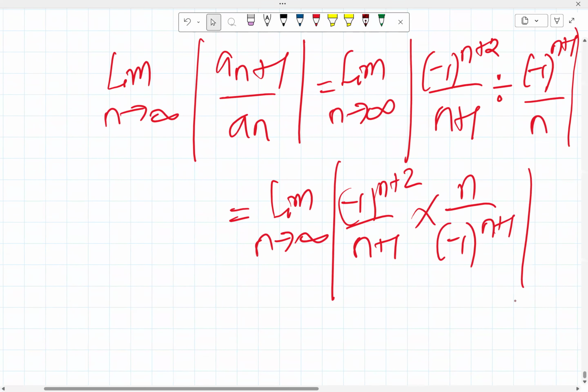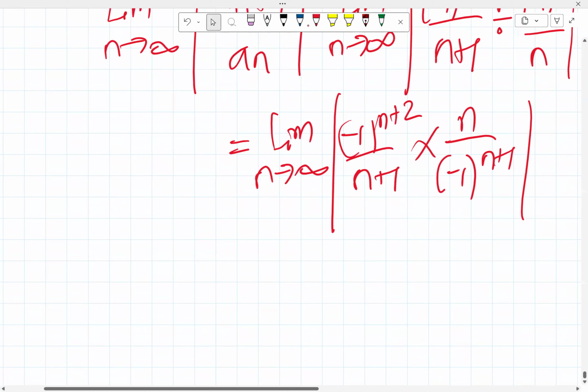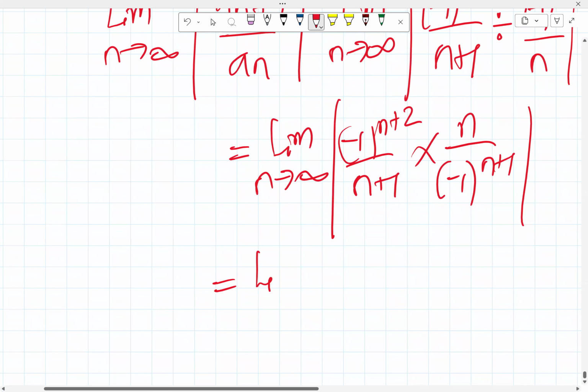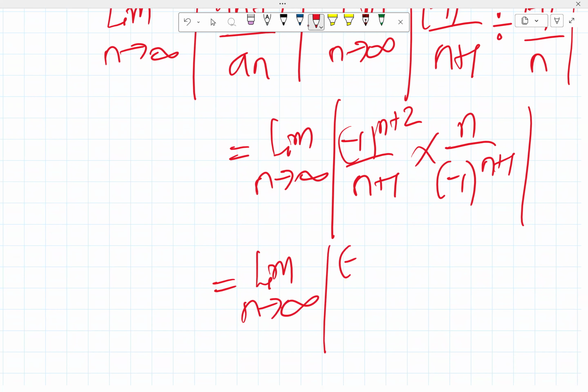So we then have the limit as n approaches infinity of (-1)^(n+2) divided by (-1)^(n+1), then times n over n+1. I want to get rid of this one first.